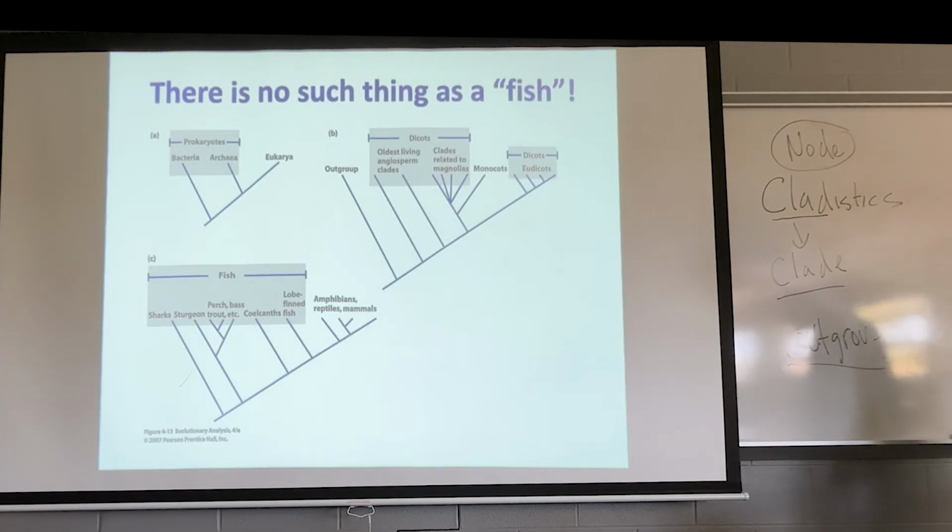So where the problem comes in and the confusion comes in is when you try to combine taxonomy, classic taxonomy, where we name things based on what they look like, lots of convergence, lots of problems with it. And we try to use those same names when we do cladistics. And so, when I teach vertebrate anatomy, I teach fish. Well, guess what? I don't think about tetrapods when I'm thinking about fish.